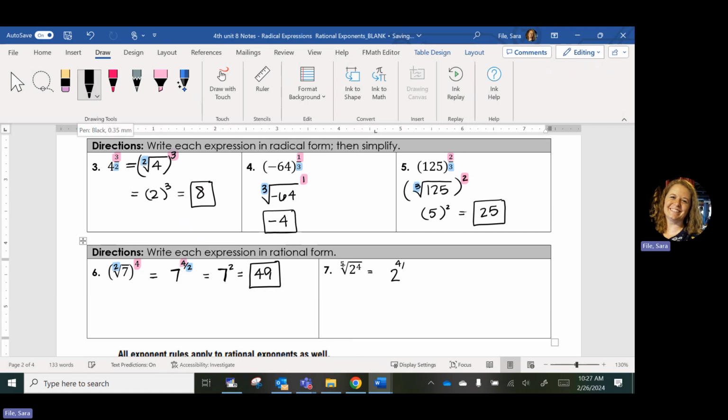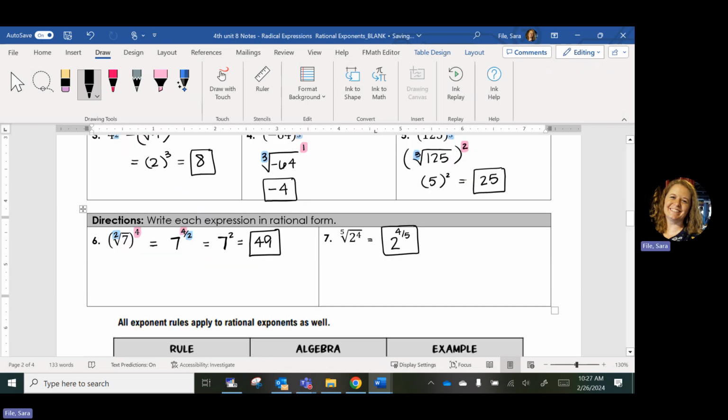The radical index, the root, is the denominator. Now, I don't know that one in either format. We can't solve that. It's going to be a decimal, so we're just going to leave it at that. But you need to know that those are equivalent to each other. Y'all feel okay about that rule?